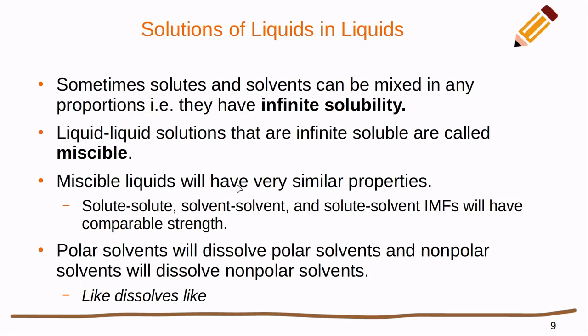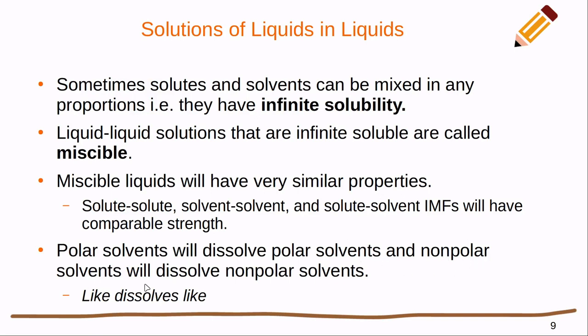This means that the solute-solute, solvent-solvent, and solute-solvent IMFs will have comparable strength to one another. Polar solvents will dissolve polar solvents. So if we have dipole-dipole interactions, if we have hydrogen bonding, then we're going to be able to dissolve a liquid that has those similar properties, those dipole-dipole interactions or hydrogen bonding.